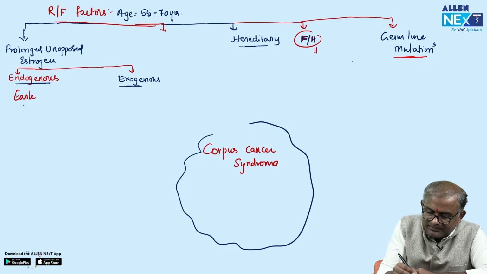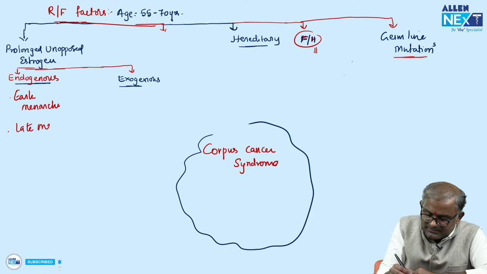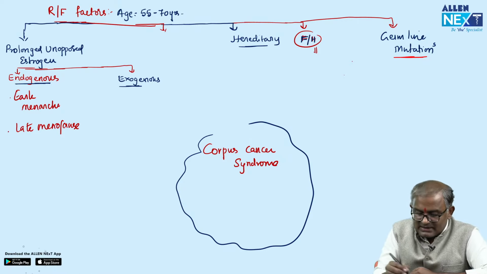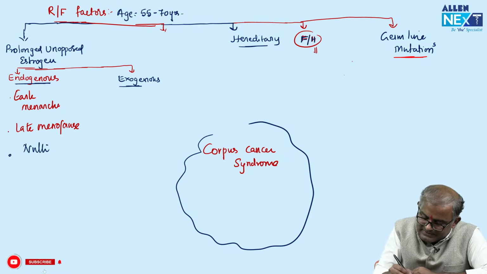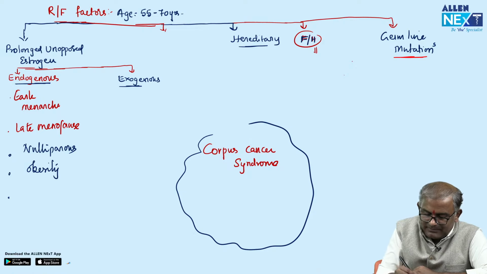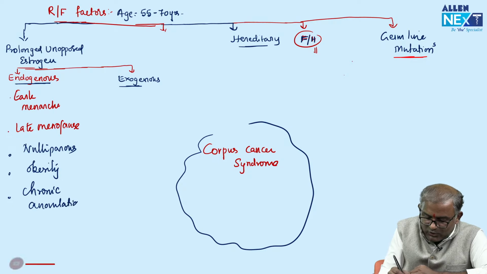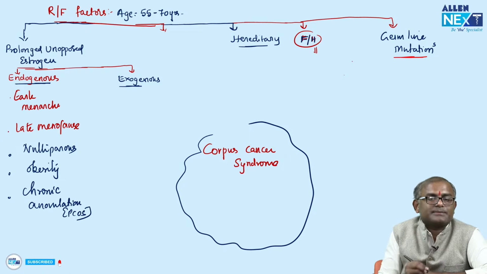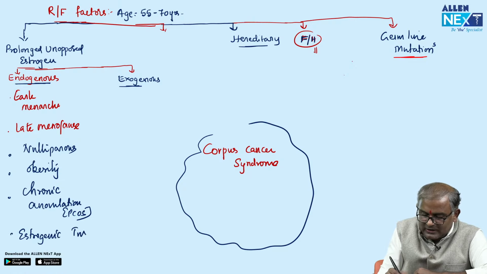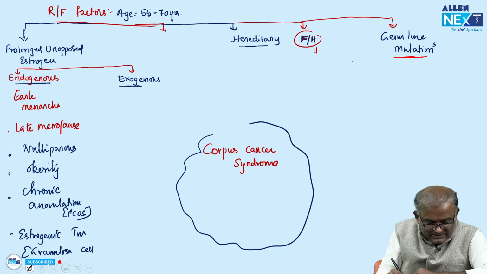Take down early menarche, late menopause, nulliparity, obesity, chronic anovulation conditions like PCOS, and even estrogenic tumor. What is that estrogenic tumor, doctors? Granulosa cell tumor. Please make a note of it.